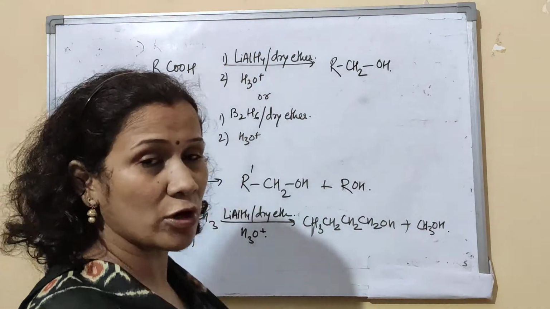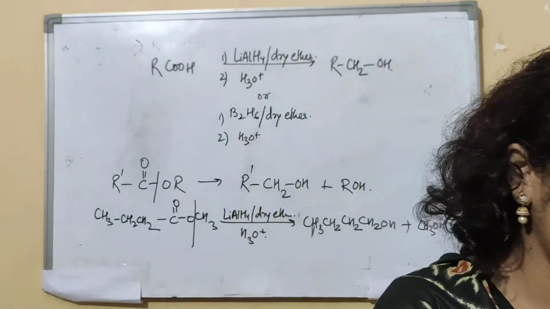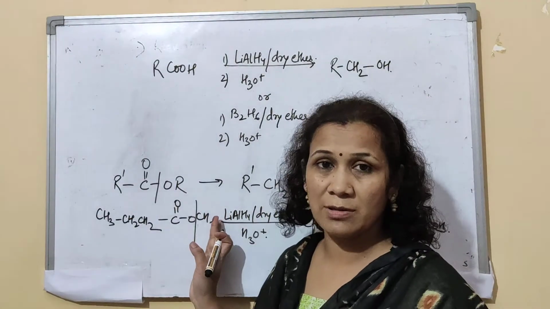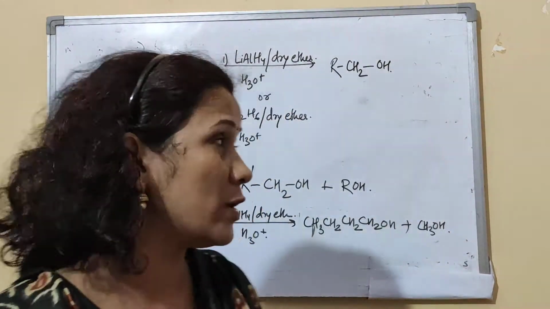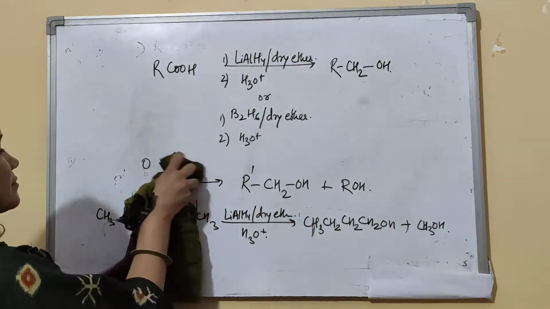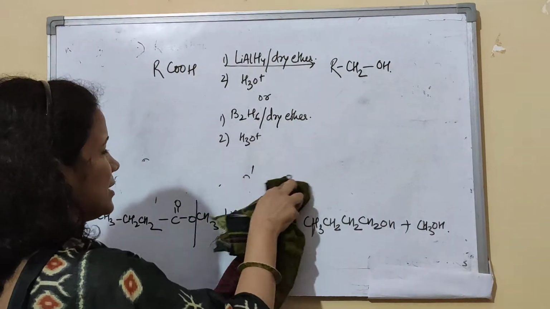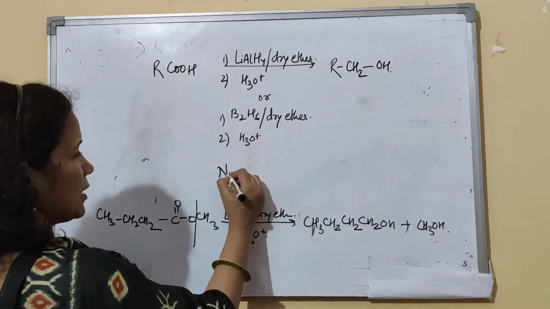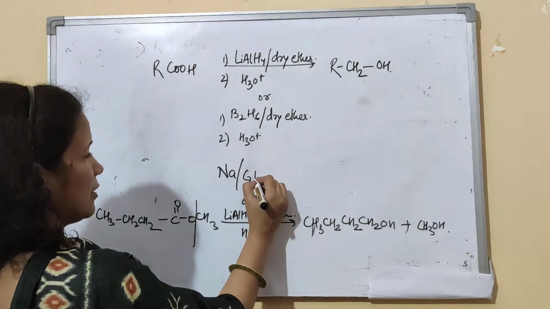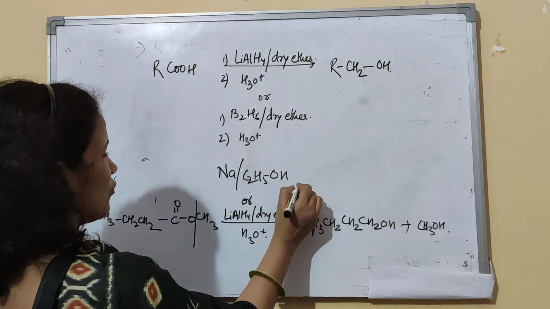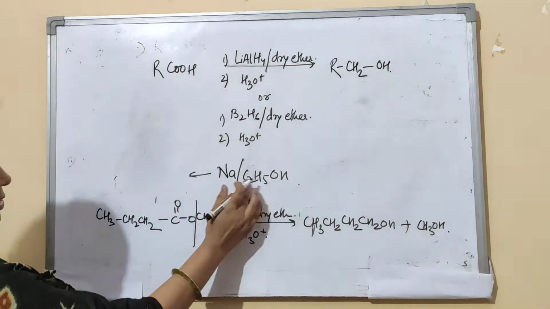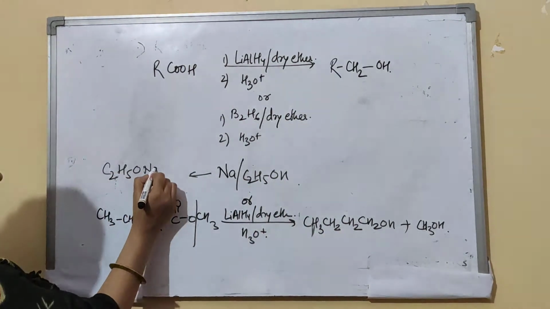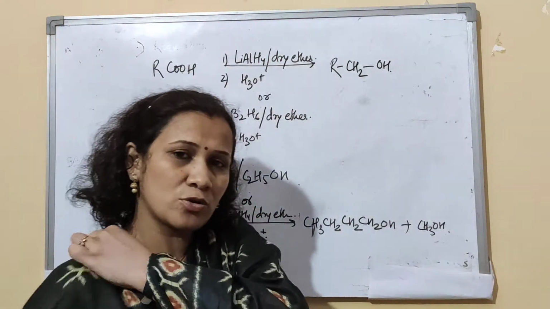Now one thing that is very important to specify here is that if I do this reaction in the presence of sodium and ethanol, instead of this reagent, what will happen? This again will react with C2H5ONa, so you are replacing this hydrogen, isn't it?